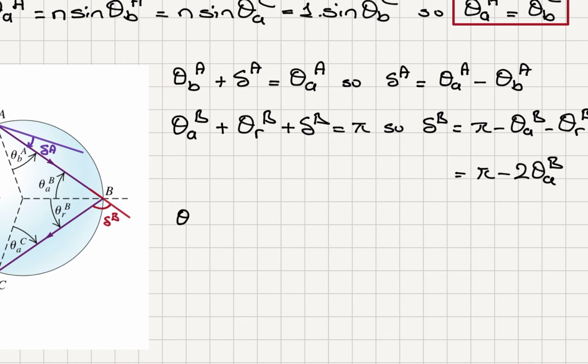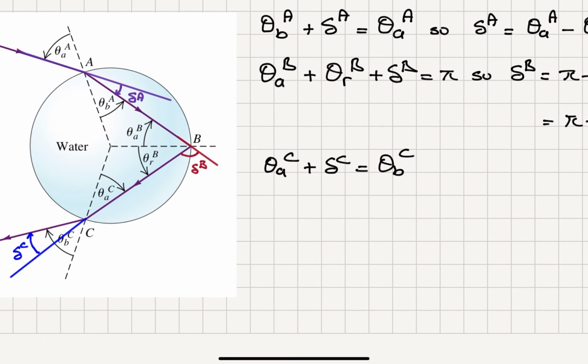The angle of incidence at point C plus the deflection at point C is equal to angle of refraction at point C.